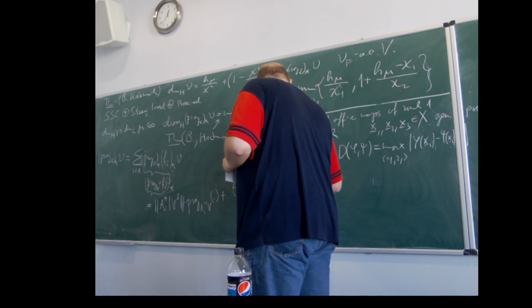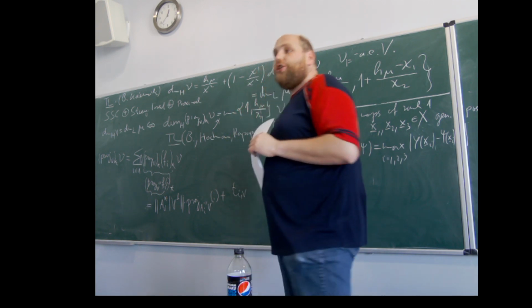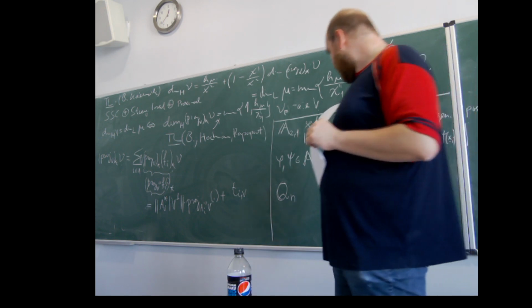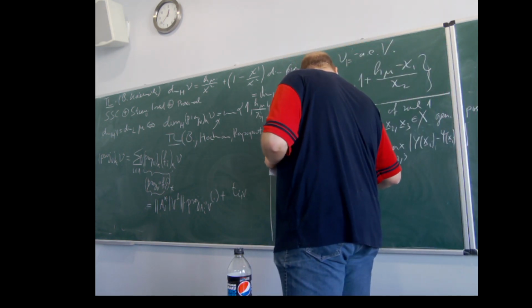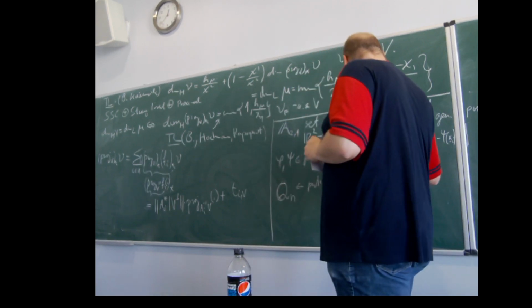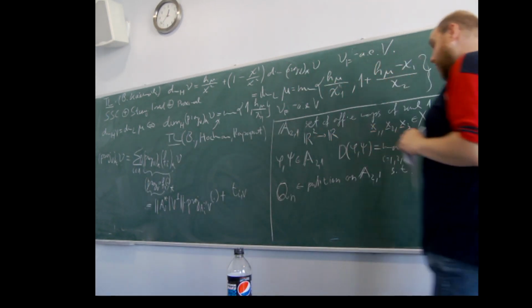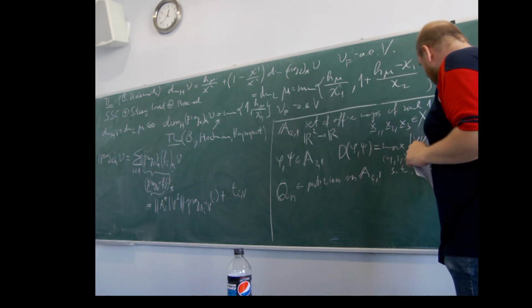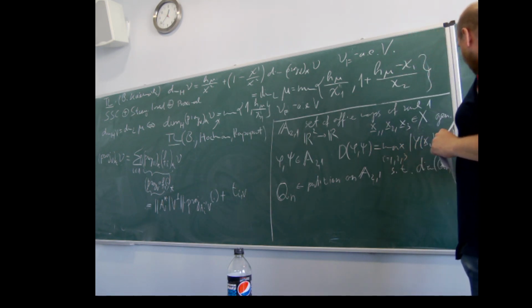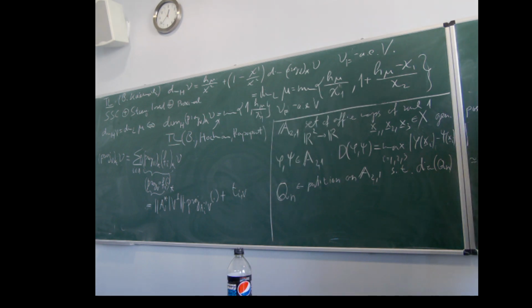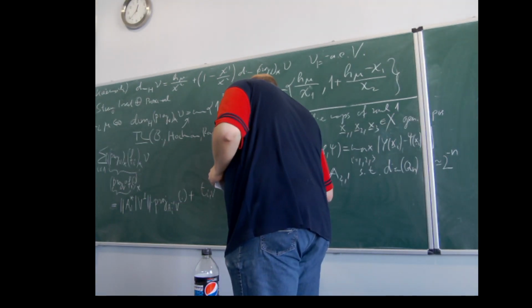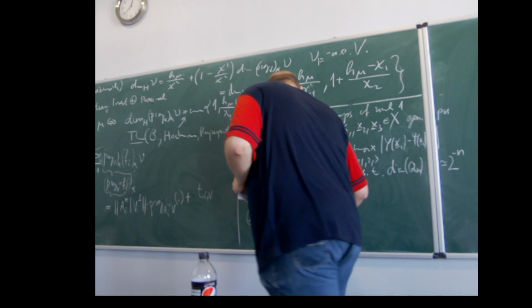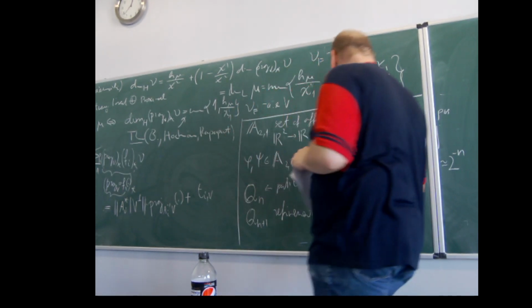We can define, using this metric, a countable partition Qn, which is a partition on this space A21, such that the diameter of these Qn is more or less 2 to the power minus n, and Qn+1 is a refinement of Qn.